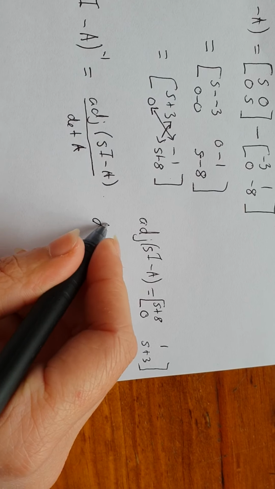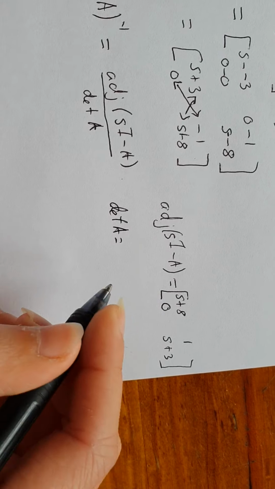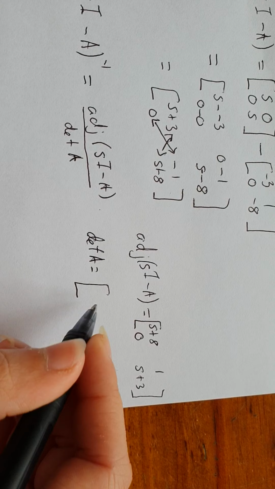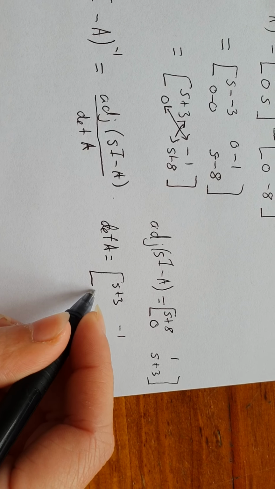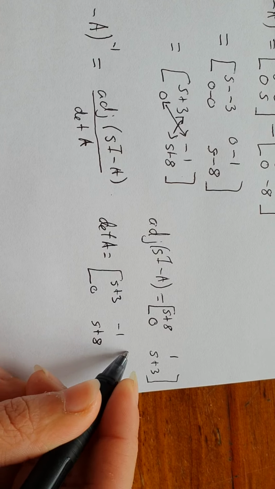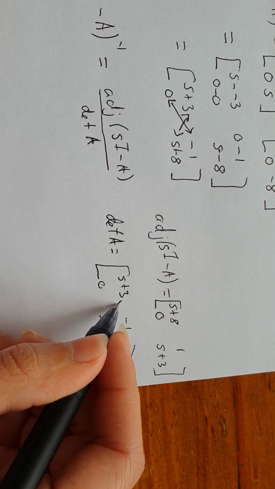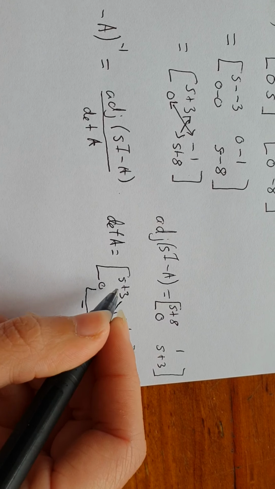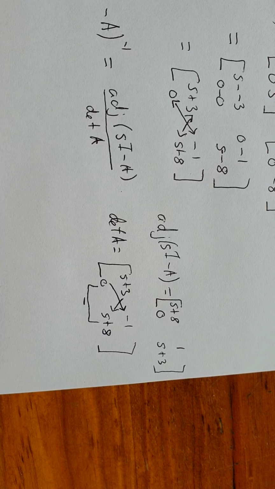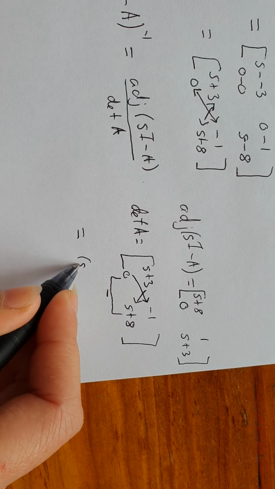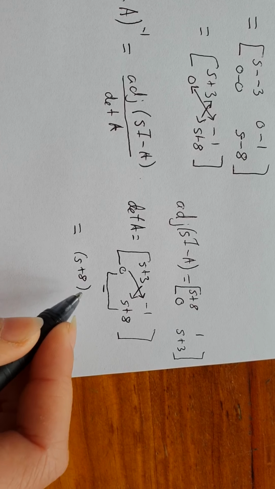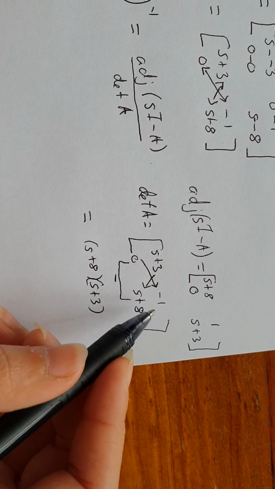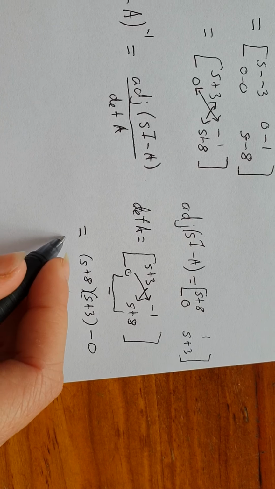Very simple. Now let's find our determinant. So, like this one, but we use our determinant formula, which is this term times this term minus this term times this term, which is S plus 8 times S plus 3, or the other way around, doesn't really matter, and then minus 0, but you don't have to worry about that.